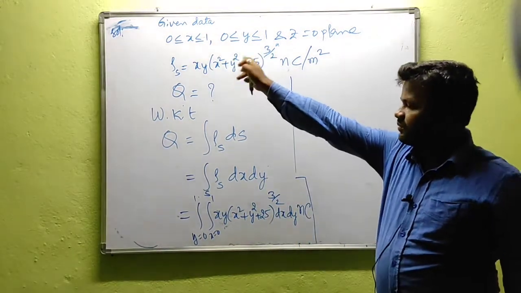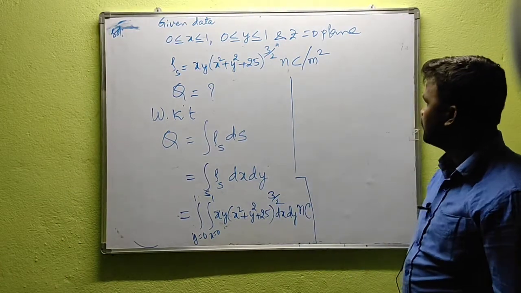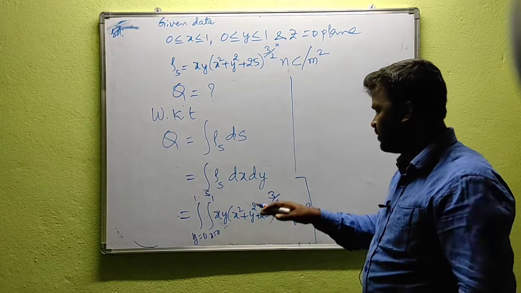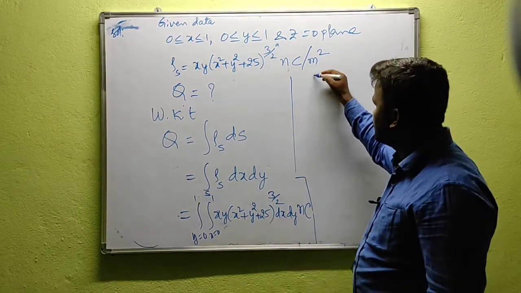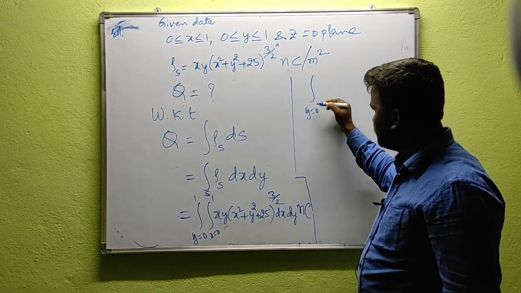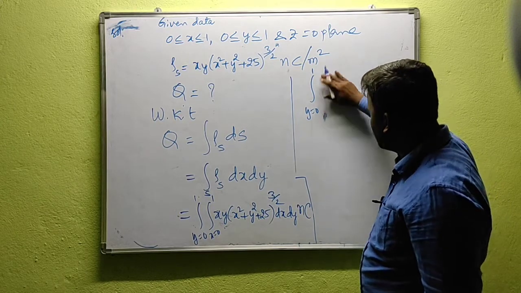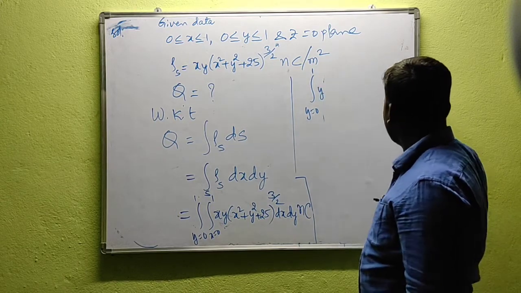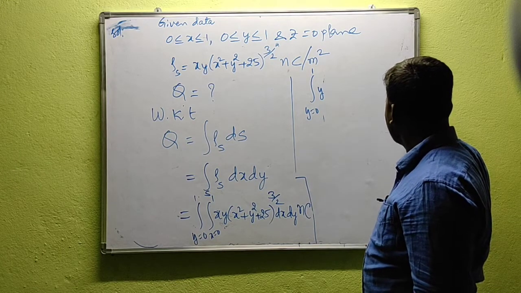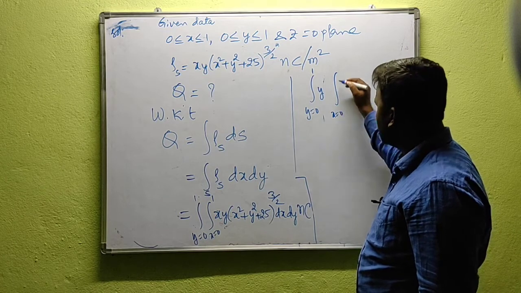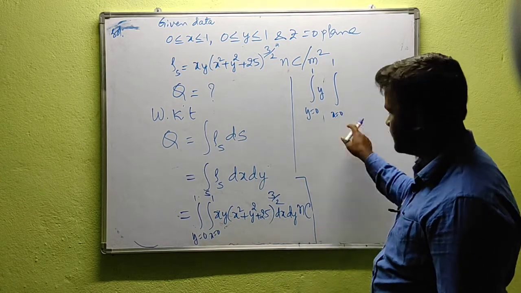Okay, x is varied from 0 to 1, y is also varied from 0 to 1. Now perform integration with respect to x, which means we need to write the y components outside this integration. So y is 0 to 1, and the remaining integration is y into dy, and next x equal to 0 to 1. Let us write the x components inside this integration.